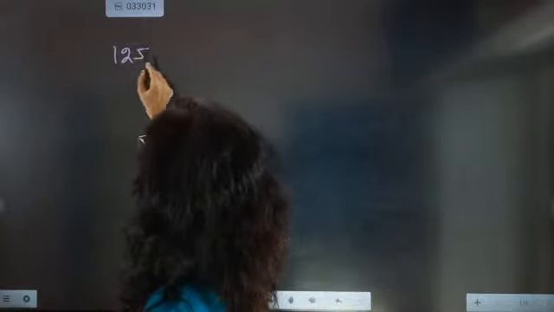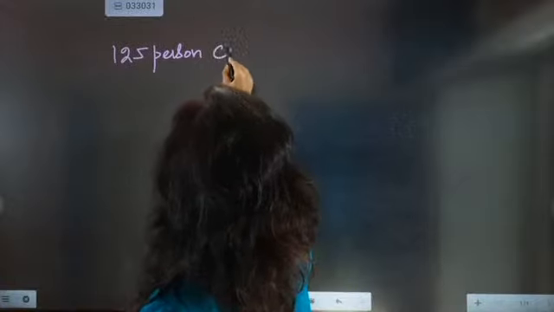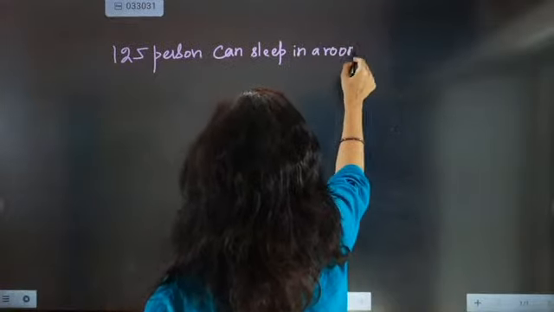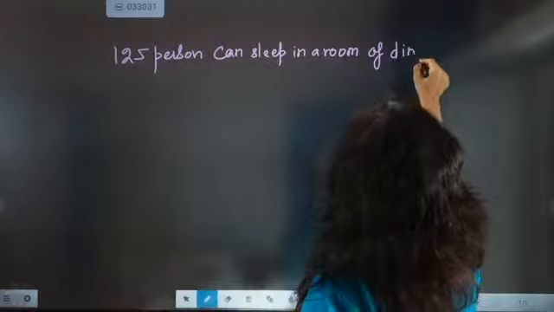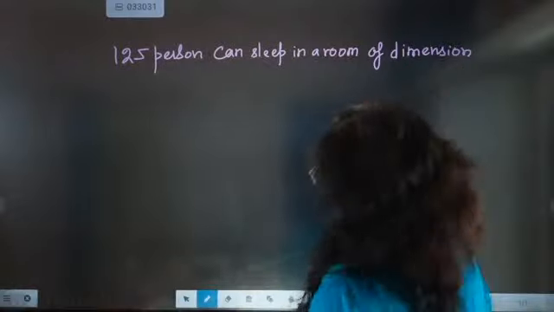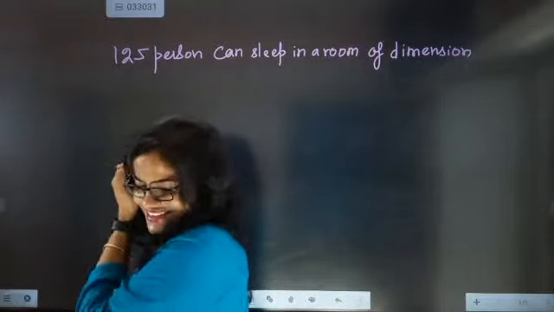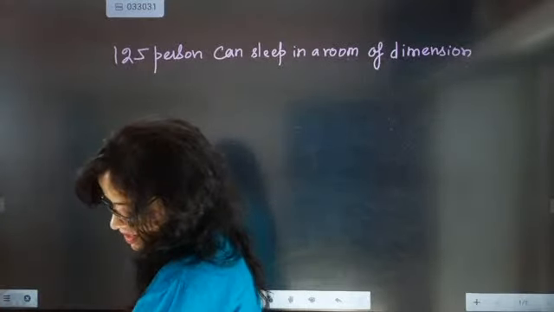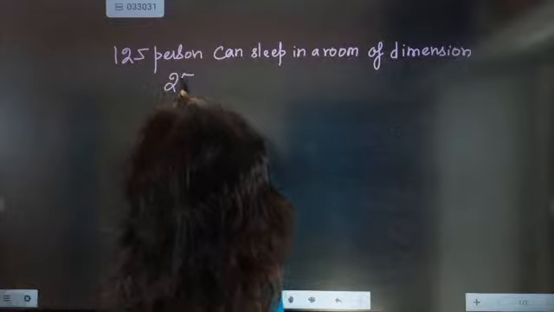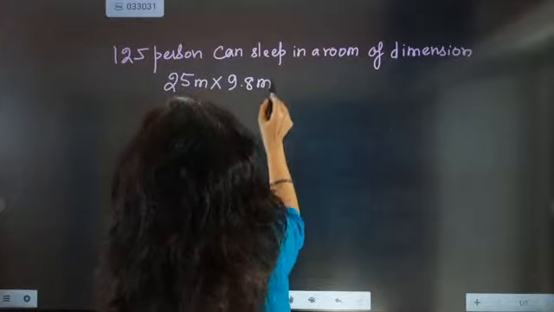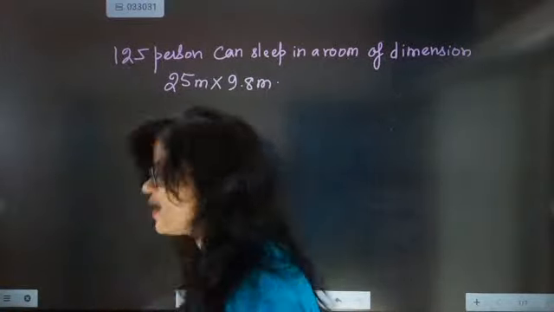This is a really good question. 125 persons can sleep in a room of dimension 25 meter by 9.8 meter.